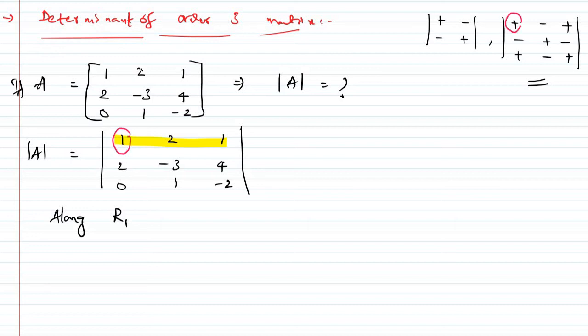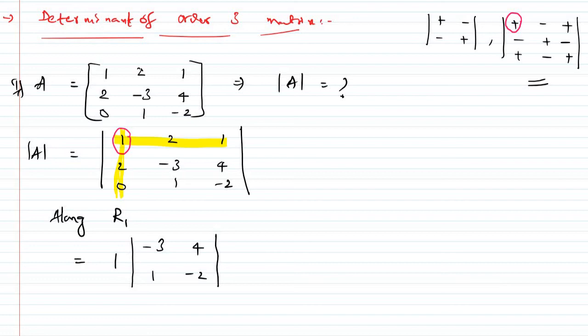The first element has a plus sign only, so we need not write the plus. We write 1 into the determinant we get by deleting this row and this column along with 1. The remaining determinant is minus 3, 4, 1, minus 2.